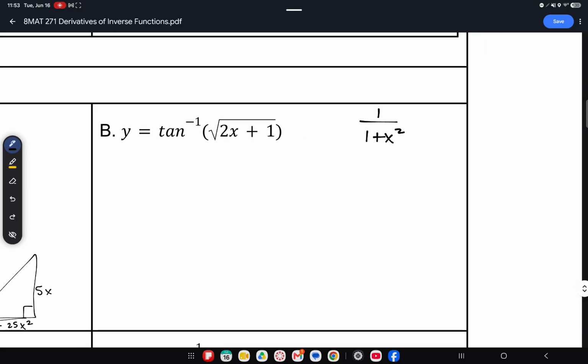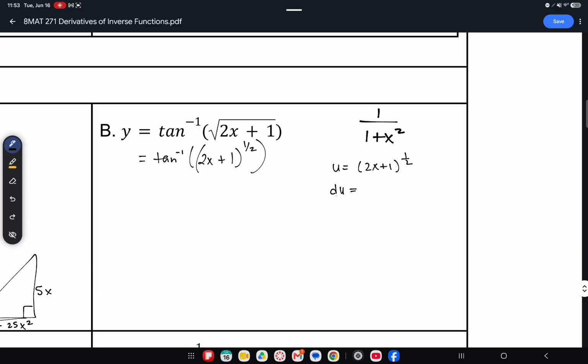So we have another chain rule here. We can say that this is inverse tangent of (2x plus 1) to the 1/2. So u, in this case, is going to be (2x plus 1) to the 1/2.